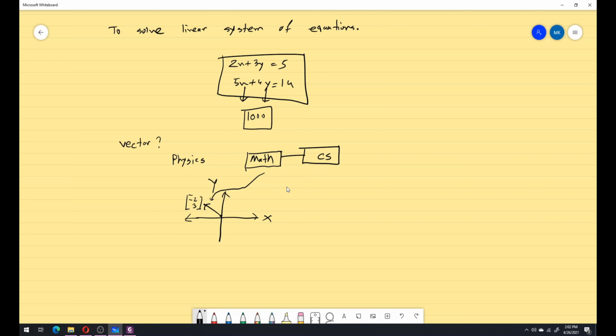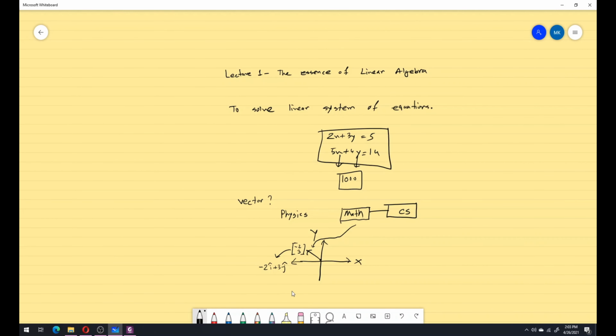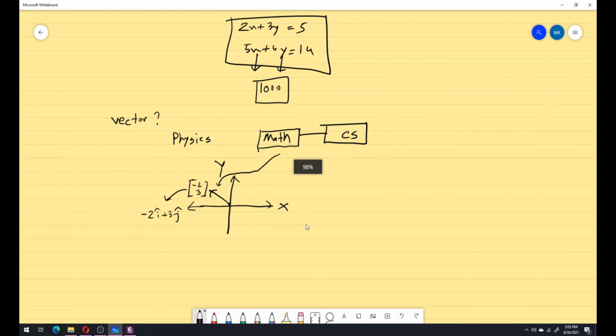If you use the basis vectors, we will learn about basis later, but I think you already know this, then this should be minus 2 i cap plus 3 j cap. These two numbers, the coordinates of a vector, tell you how to get to it.